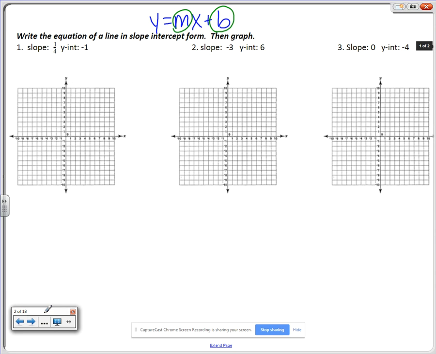Now, folks, what does m stand for? The slope, right? And I tell you the slope right here is 1/4. Does everybody see that? What does the b stand for? And I tell you right here what the y-intercept is, correct? So I just need to take those two numbers and plug them into there, keeping the y and the x where they are. So what will that equation be?